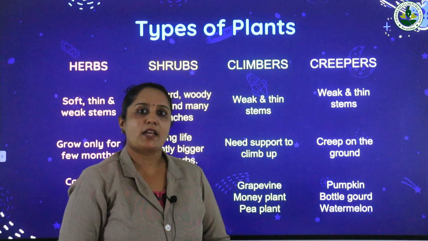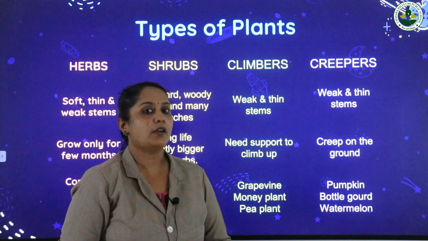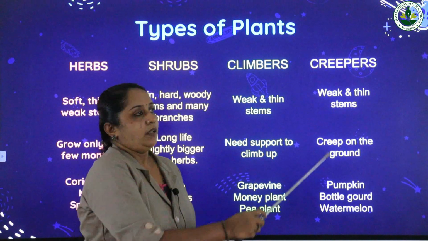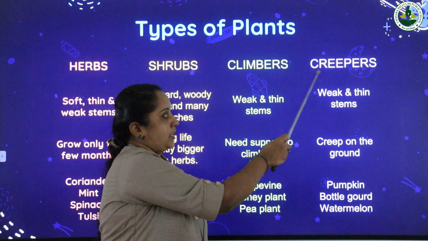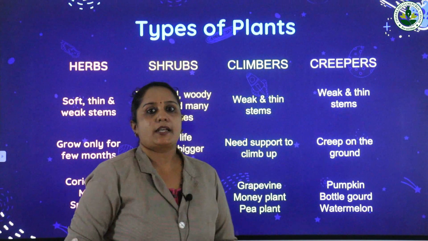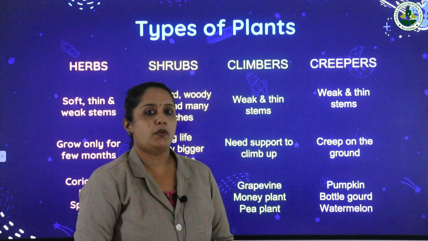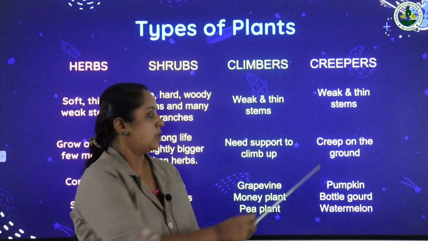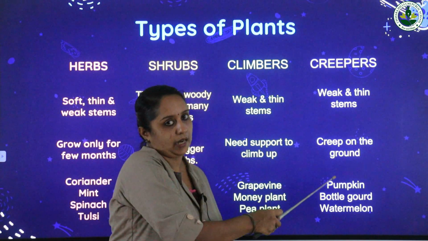Just recall, where do we find stem, under the ground or above the ground? Yes, above the ground. Now from the name itself, what do you mean by creep? Creep means moving along the ground. So they creep on the ground.